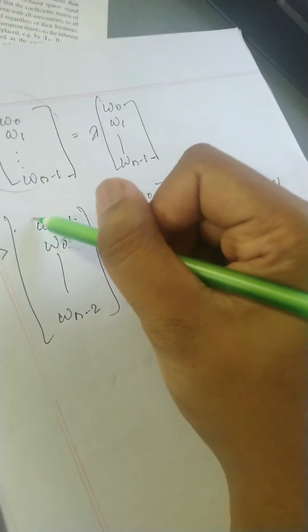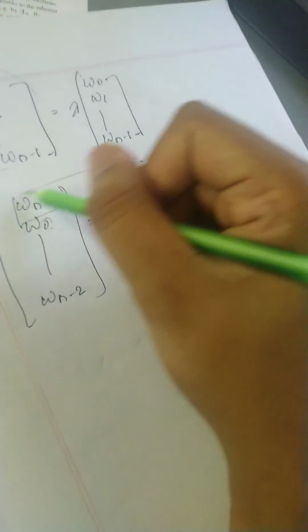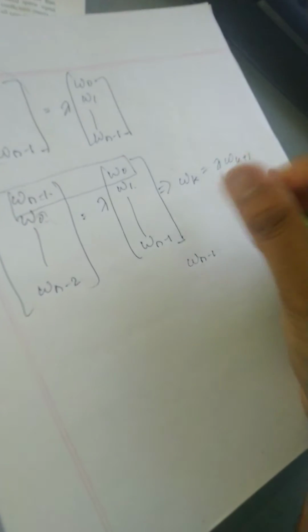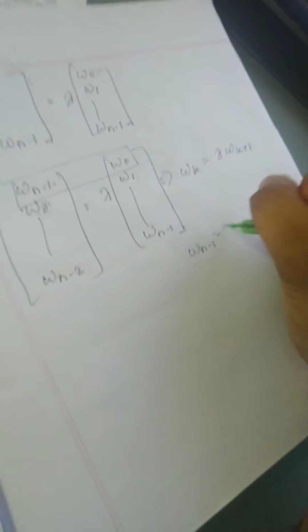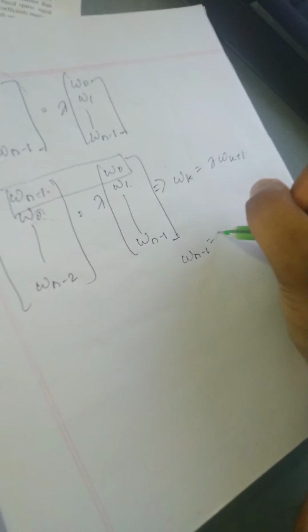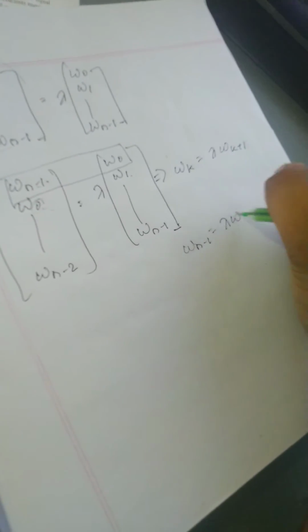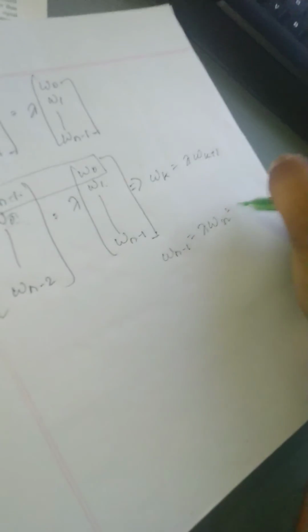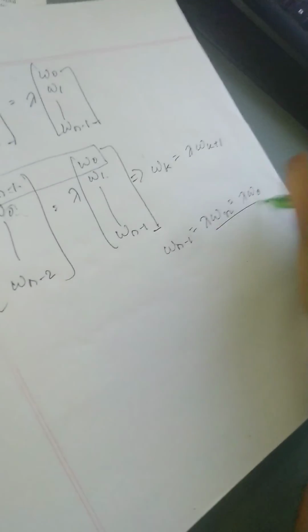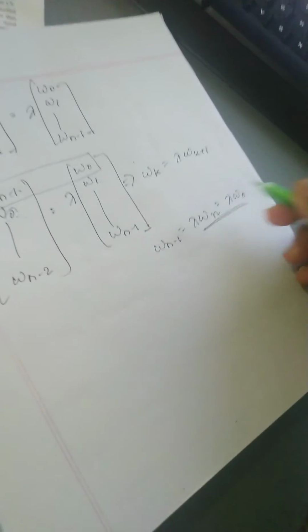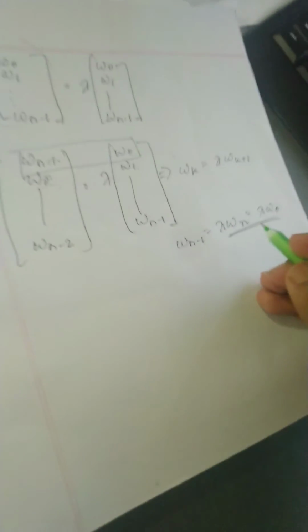I will describe this one in a moment, because for Wn minus 1, if we put k equal to n minus 1, then it's lambda times Wn equal to lambda times W0. I will describe that in a bit. Let's talk about that in the next video.